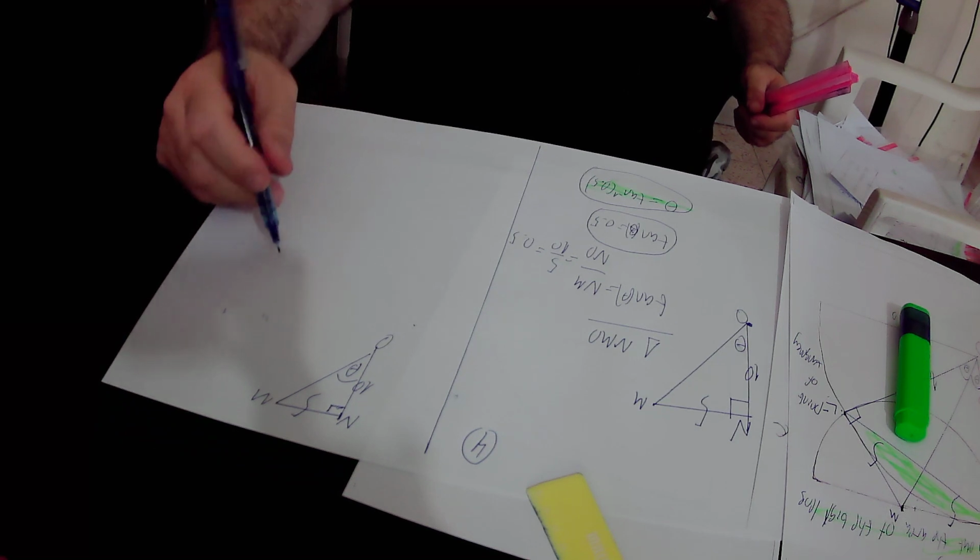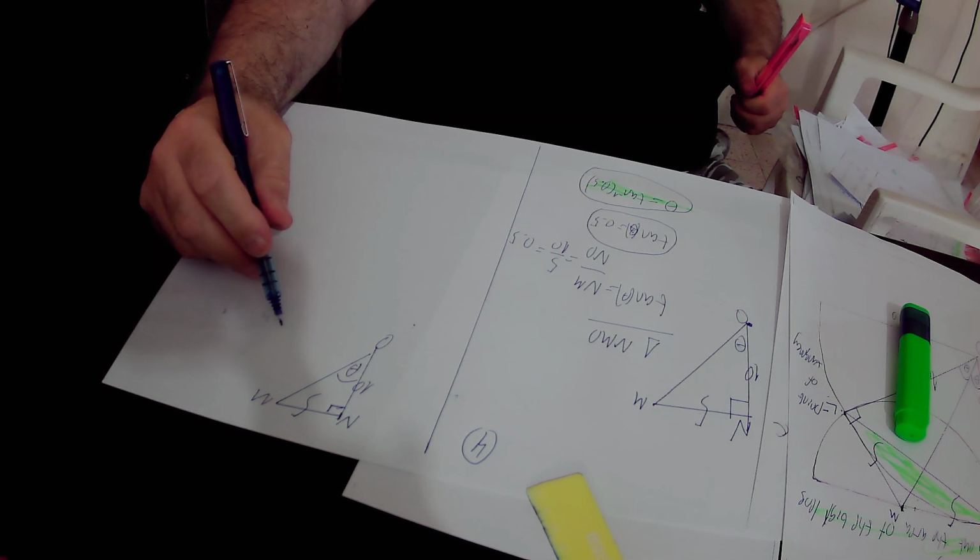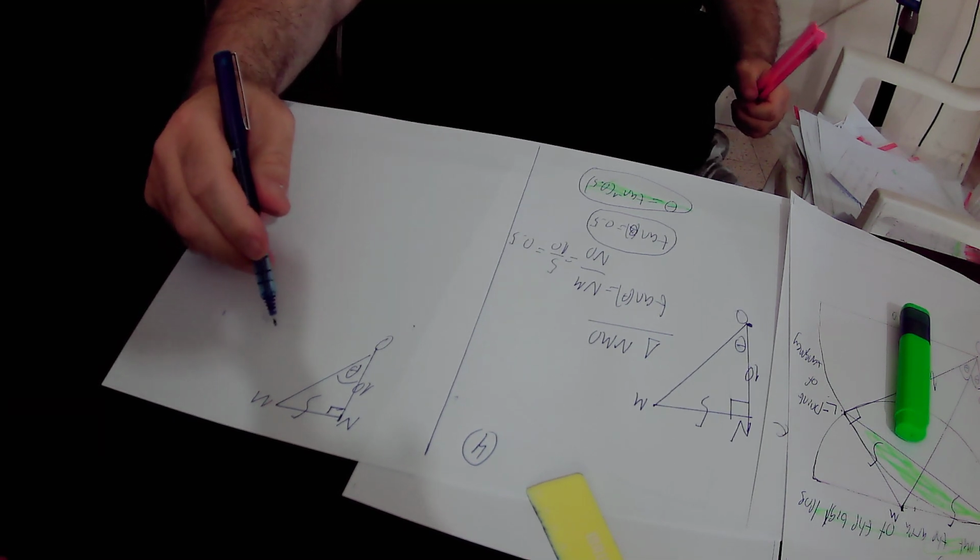We'll implement the Pythagoras theorem on the right triangle NOM in order to find out the hypotenuse OM.